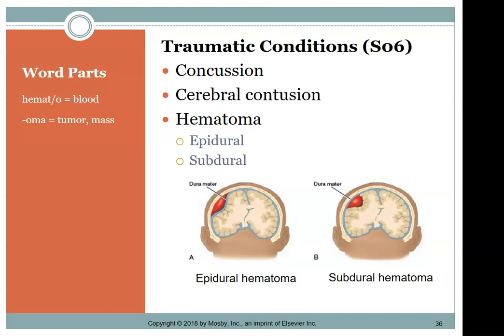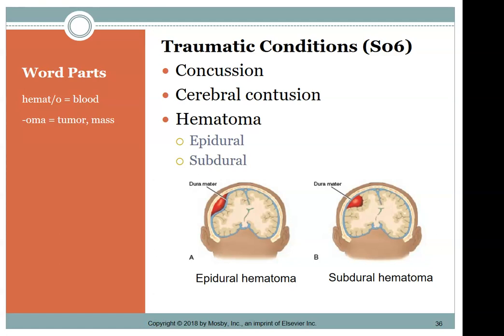A hematoma is a localized collection of blood, usually clotted, in an organ, tissue, or space, due to a break in the wall of blood vessels. Epidural hematomas occur above the dura mater. Subdural hematomas occur between the dura mater and the arachnoid meninges.